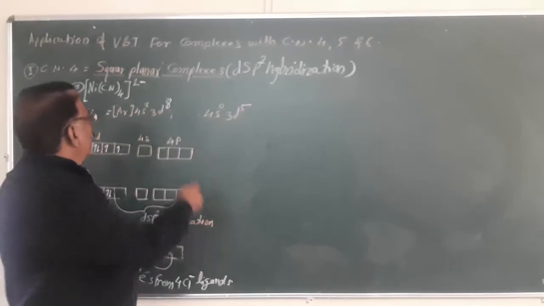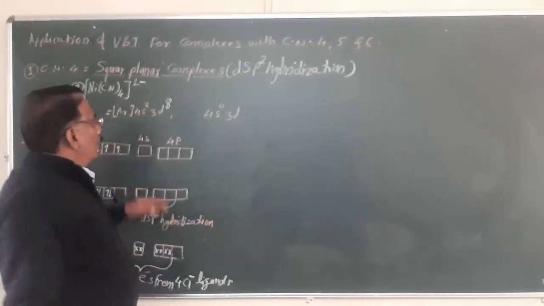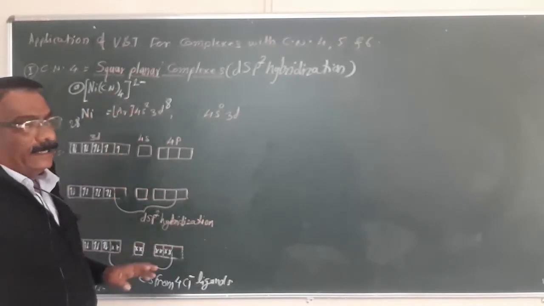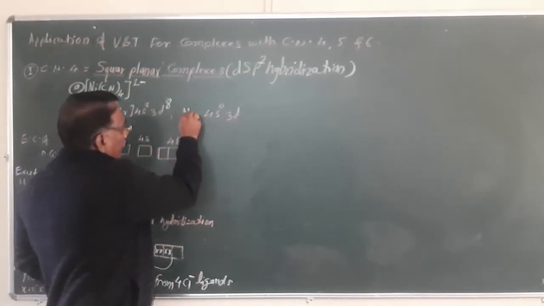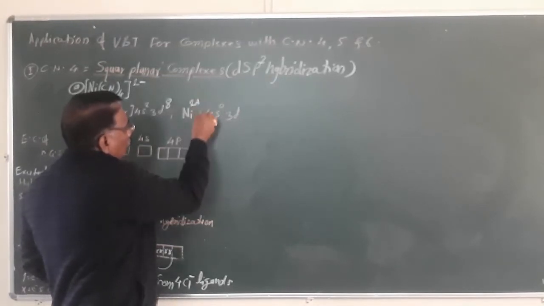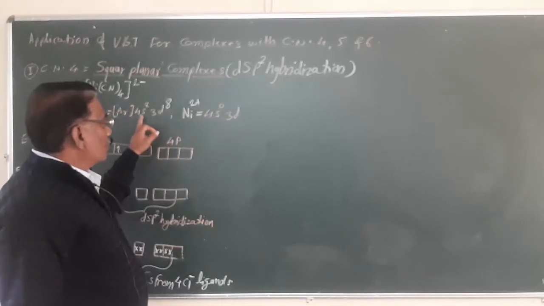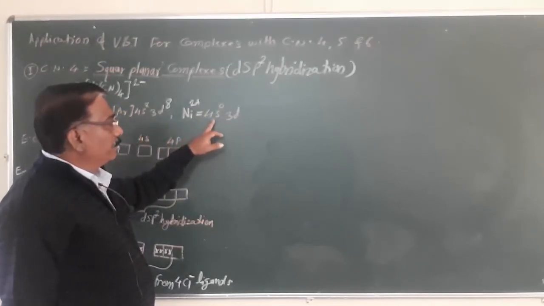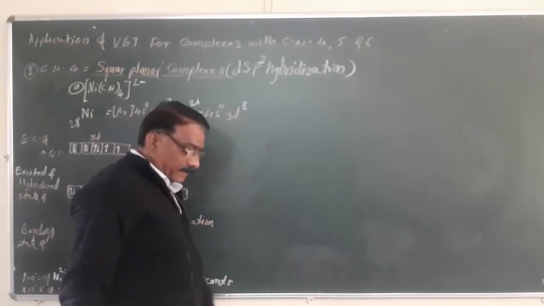The oxidation state of this Ni in this complex is 2 plus. So we have Ni 2 plus, and for this Ni 2 plus, 2 electrons are removed from 4s, so it becomes 4s0, and here there is 3d8.